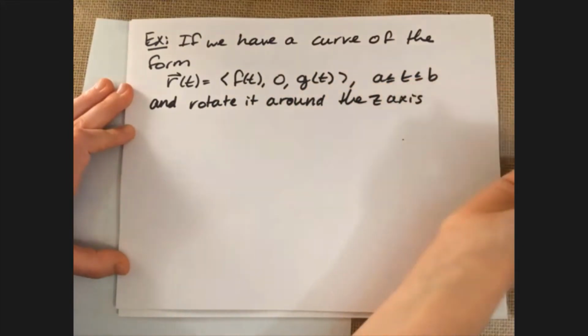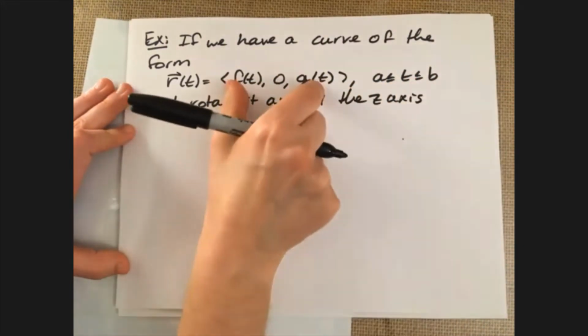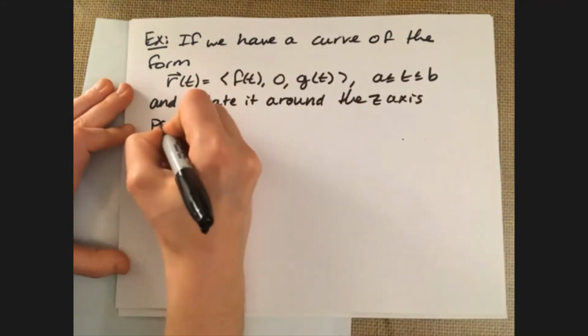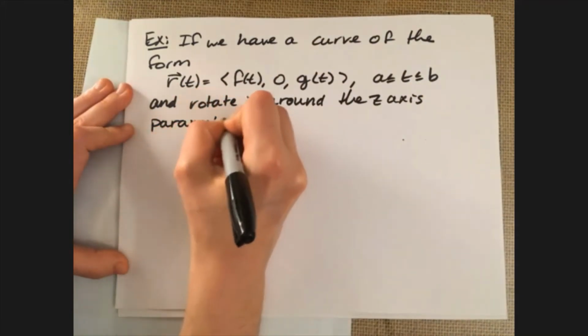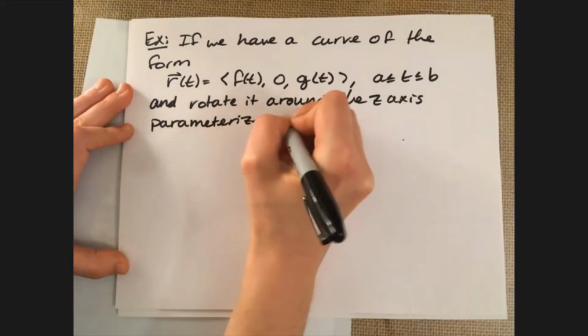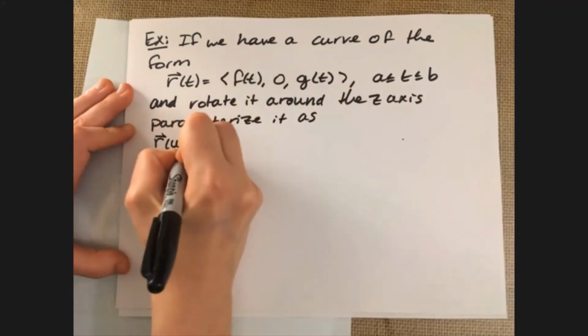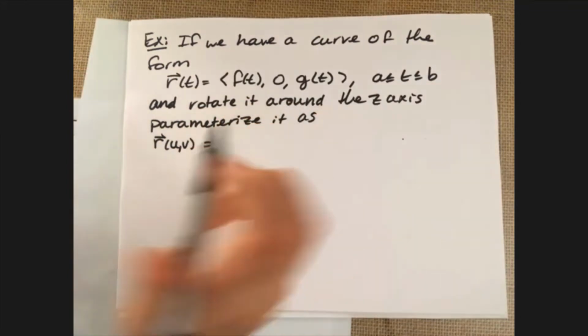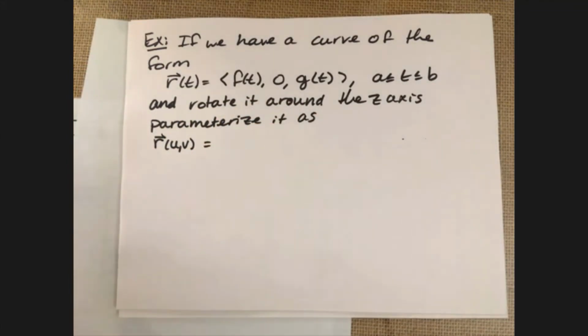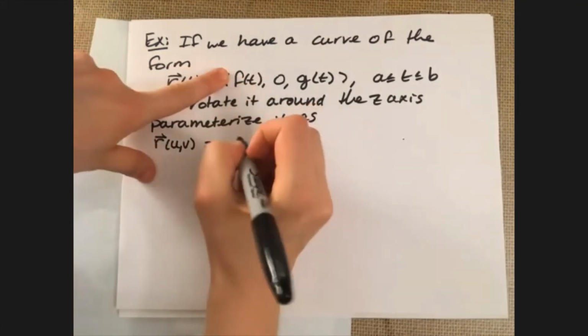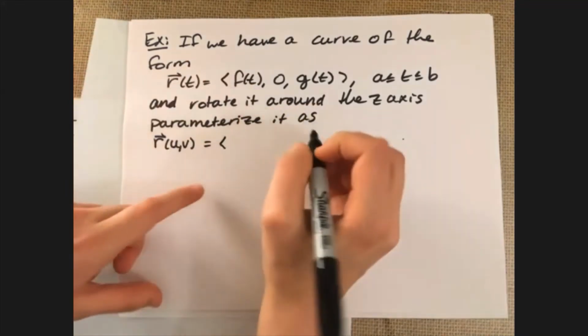So again, we're working with a surface of rotation, but it's just a little bit different structure this time. We parameterize it as r of u, v equal to, and we'll have the same idea here that we had earlier, where what's in my x component is going to become my radius.